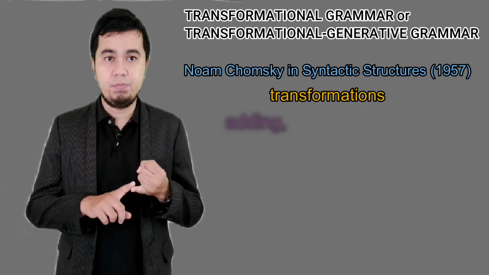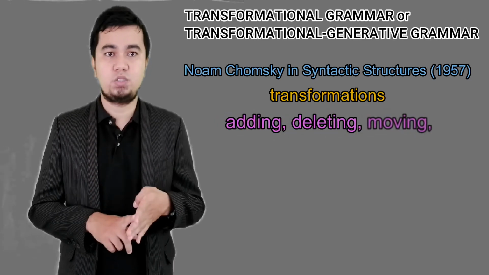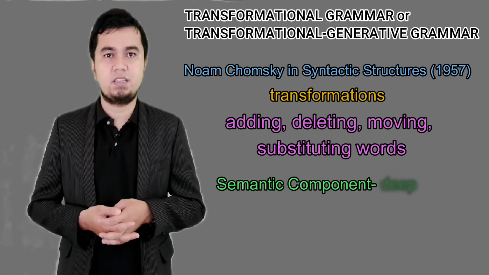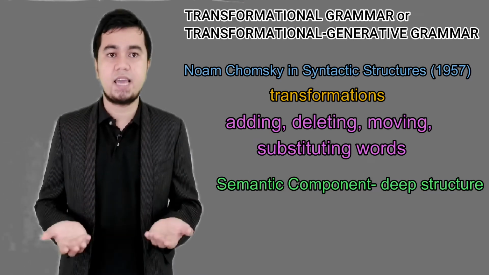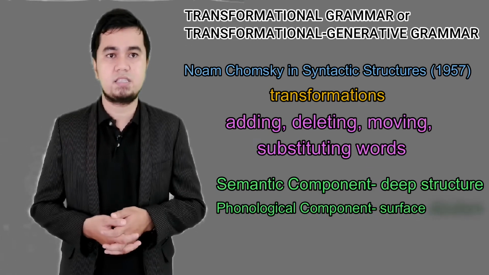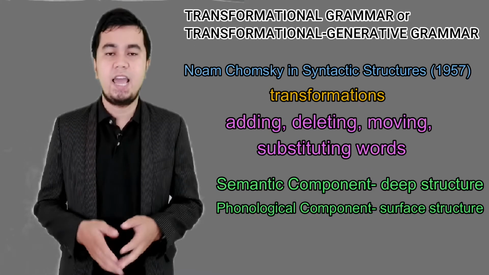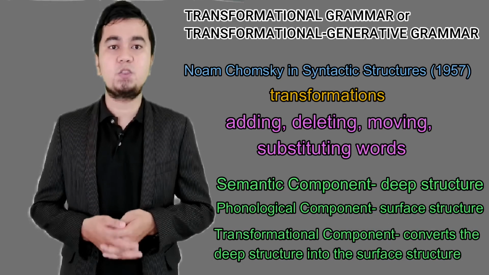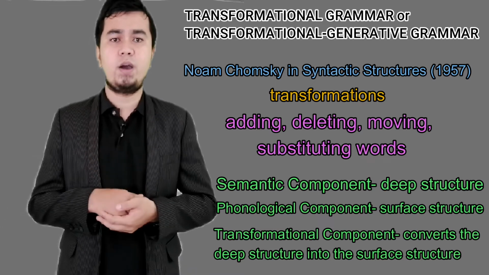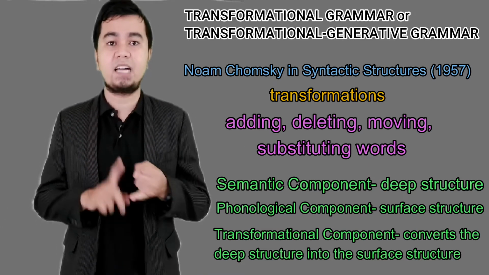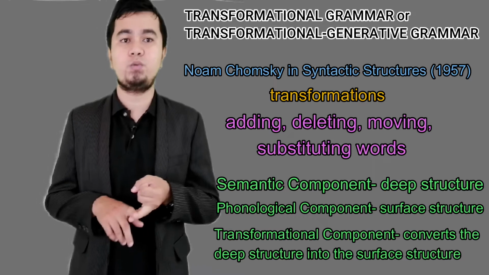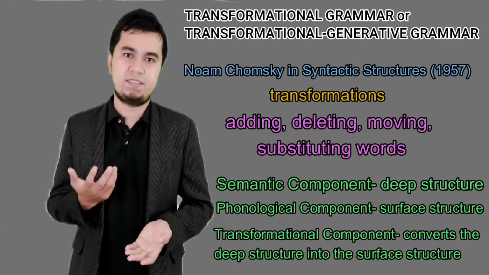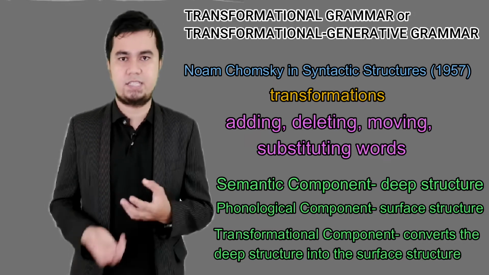It involves adding, deleting, moving, and substituting words. First, the semantic component of the sentence is determined by deep structure. Second, the phonological component of the sentence is determined by the surface structure. And third, the transformational component converts the deep structure into a surface structure. One example here is the active and the passive voice, which we can understand as transforms of each other, because we can transform an active sentence to a passive sentence and vice versa.